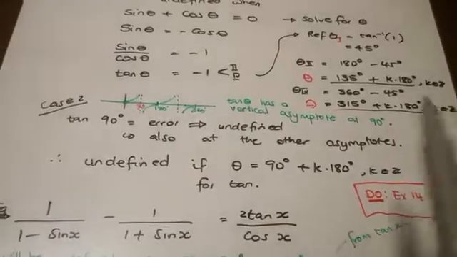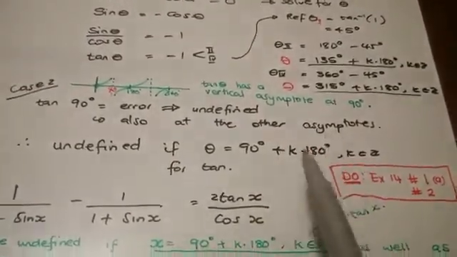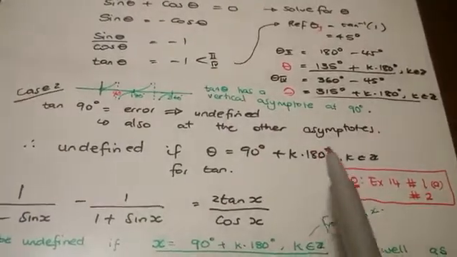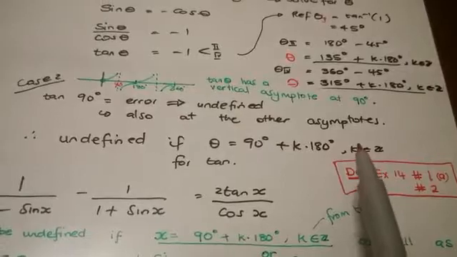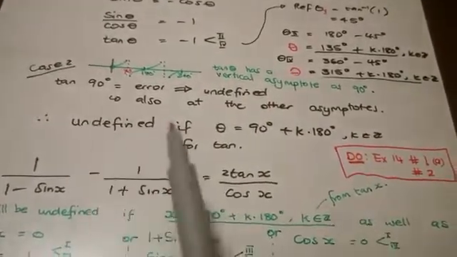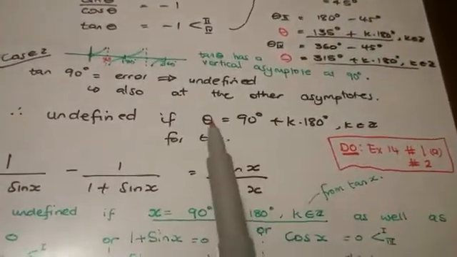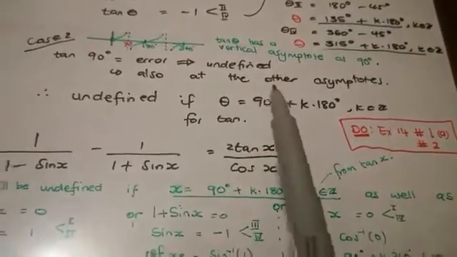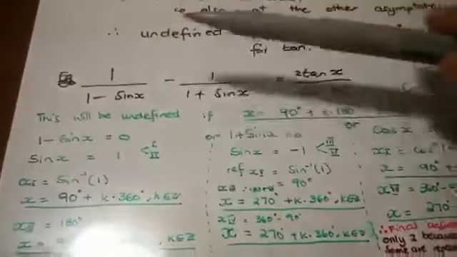And the next asymptote will happen after another 180 degrees. So all the asymptotes are taken care of by the k times 180. Whenever the identity or the equation involves tan, it will be undefined at 90 degrees.